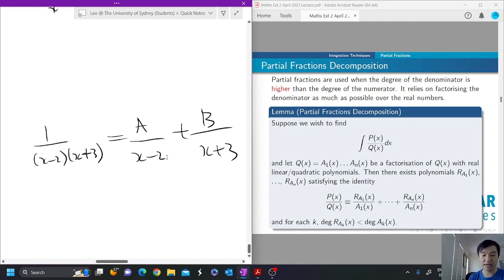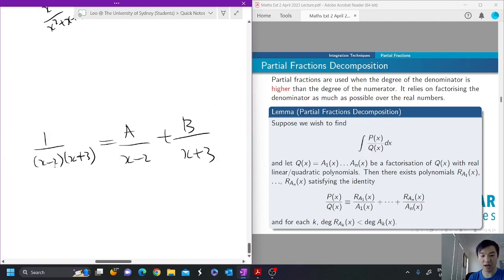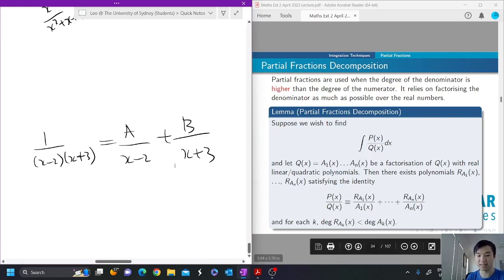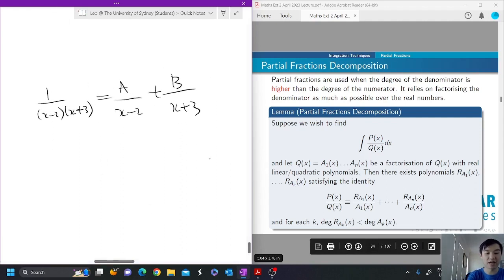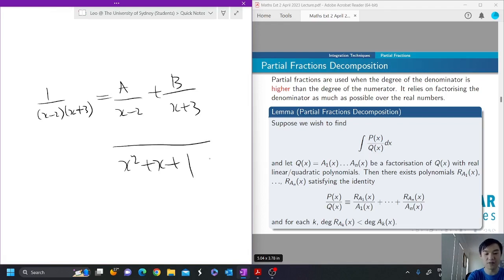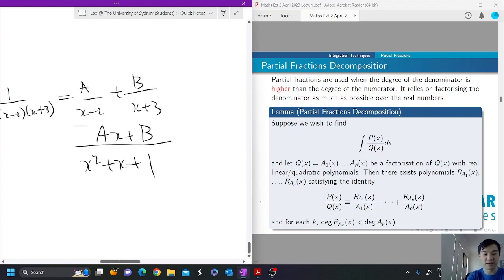And the rule is, if you have a linear factor in the denominator, the top will be a constant. It will have a degree 1 less than the denominator. But if you had a quadratic, you would have a polynomial of degree 1 less, so a linear term on the top instead.